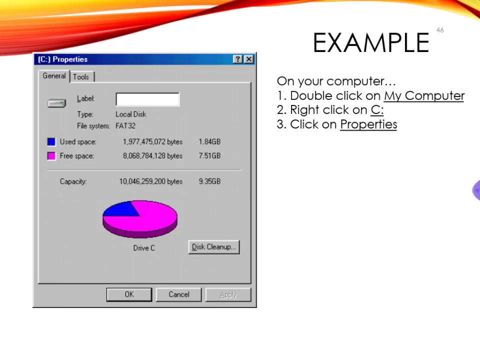A good example would be if you just double click on your computer and you try to find the properties, you will find that there is a calculation for the used and the free space that is available on your drive. And you can see it's represented both in terms of bytes and gigabytes.